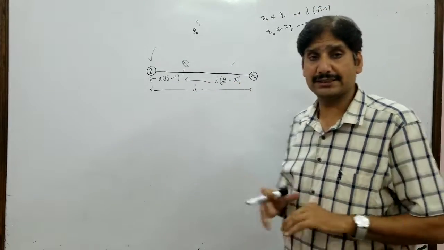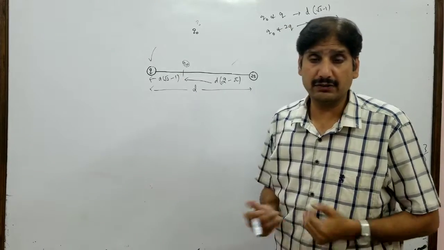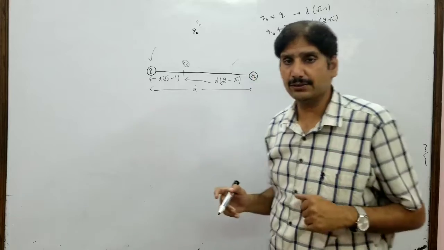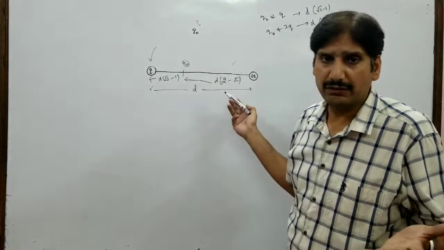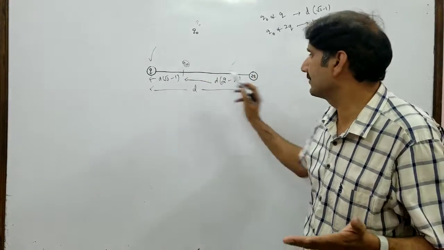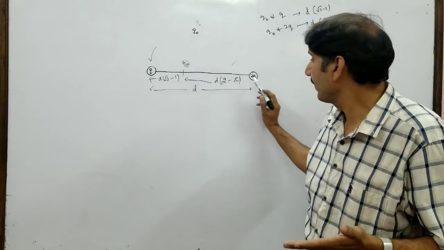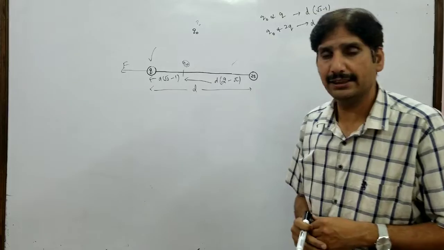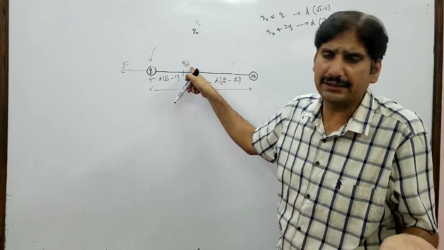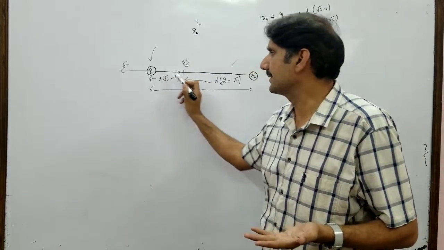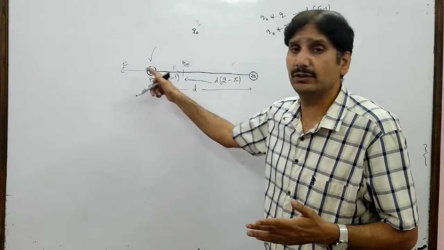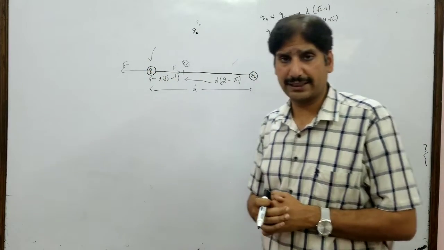Since every charge is in equilibrium, Q is also in equilibrium, so the net force on Q must be 0. For equilibrium, since Q and 2Q are of the same polarity, 2Q must be pushing it with some force F in this direction, and Q0 has to be negative, which is why it's attracting it in the other direction with the force again F, because it is in equilibrium, two equal and opposite forces are acting on it.